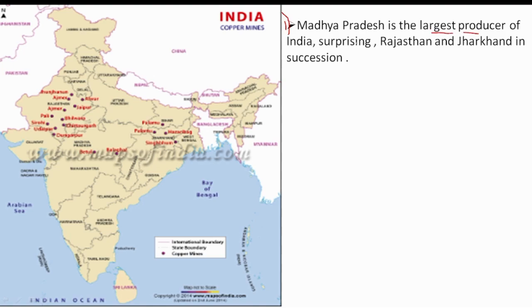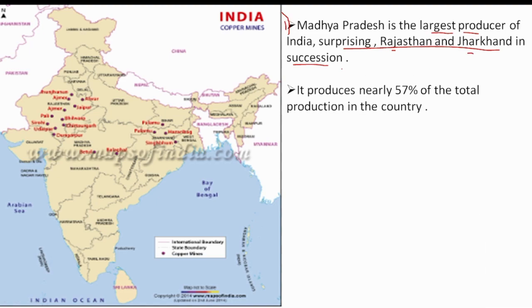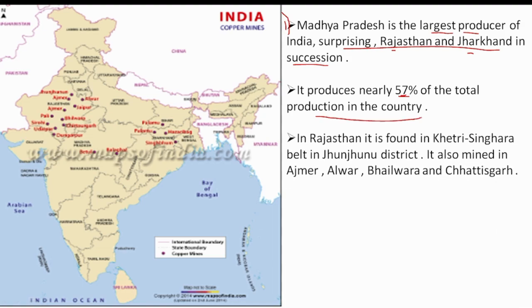of India, followed by Rajasthan and Jharkhand in succession. So after Madhya Pradesh, we can see Rajasthan, Jharkhand, right? And Madhya Pradesh produces nearly 57% of the total production in the country, right?